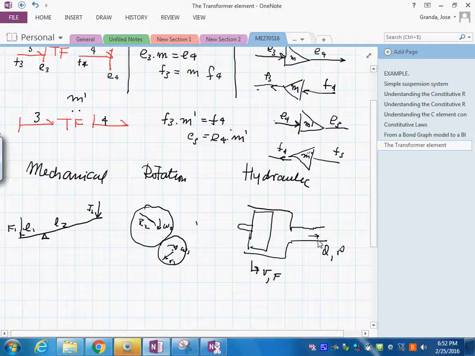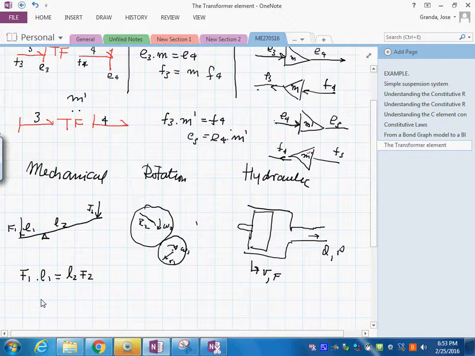You have that F1 times L1 is L sub 2 times F sub 2. If you write this in the form that we just did upstairs, you have F1 times L1 divided by L sub 2 is F2. This is exactly this form right here.